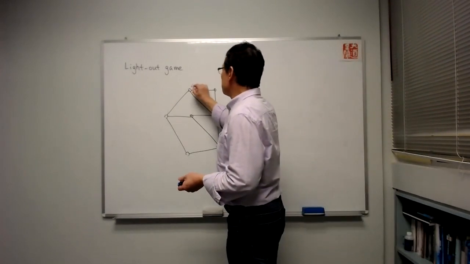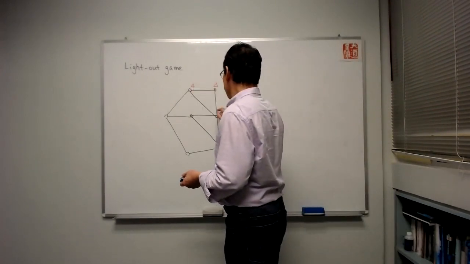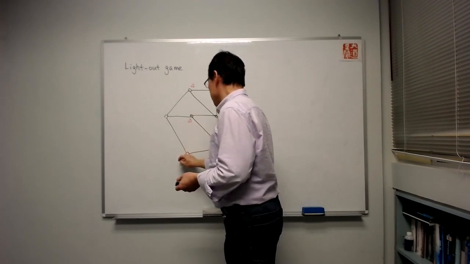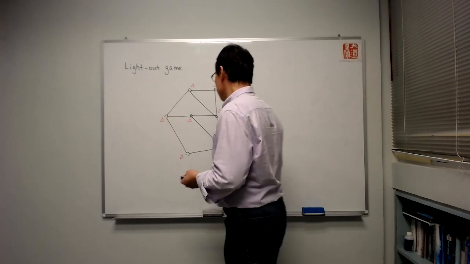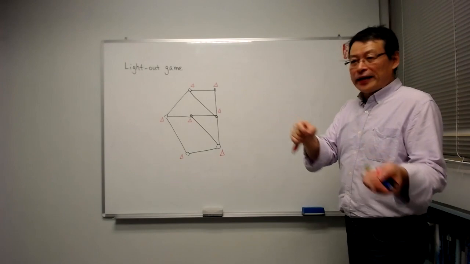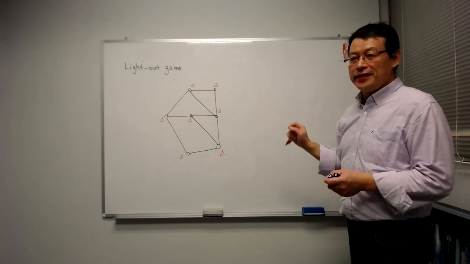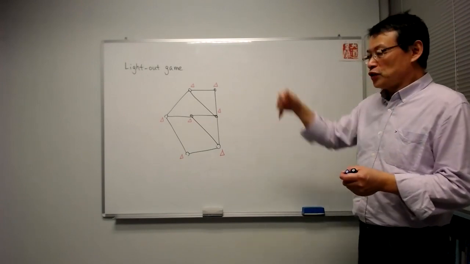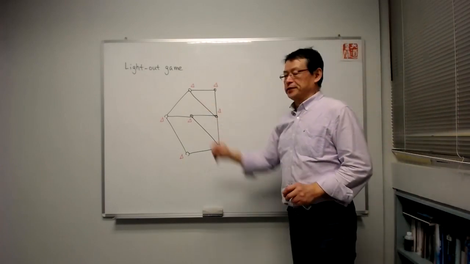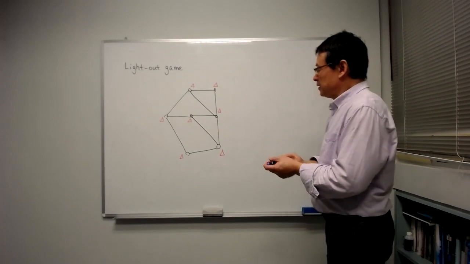All lights are on initially. Remember, once we push a button, then lights will be off. So it's not really easy. All right. After we push a few buttons, it becomes complicated. Initially, we assume all lights are on, and we want to turn off all lights.